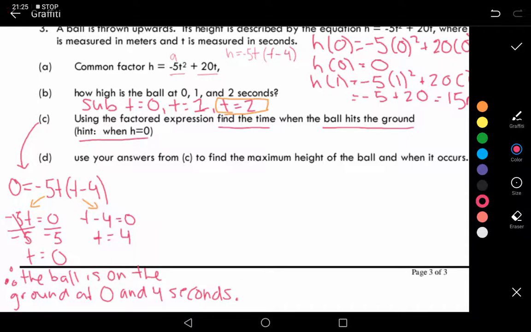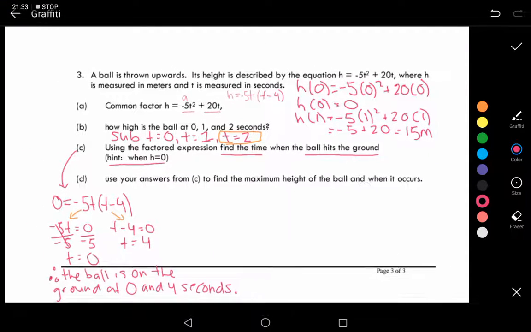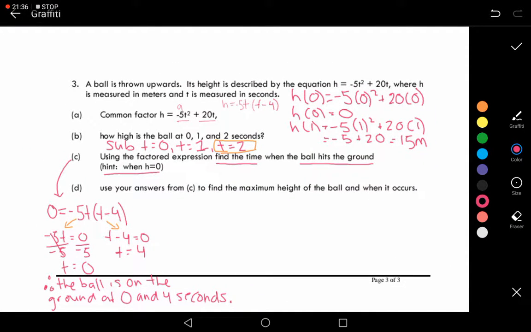Okay, so last part here, part D, it says use your answers from C to find the maximum height of the ball and where it occurs. Anytime you see the word maximum, okay, or minimum, that means it's asking you to find the vertex. Okay, because the maximum height is your optimal value.